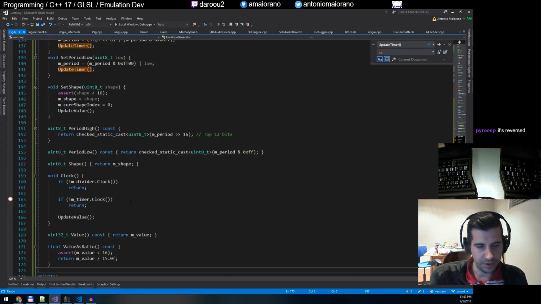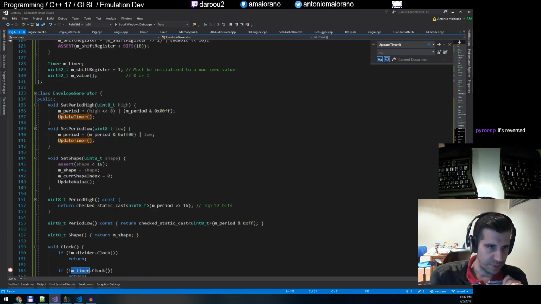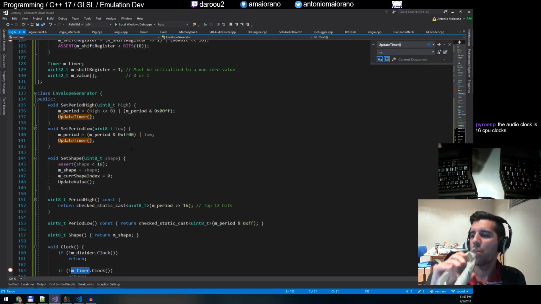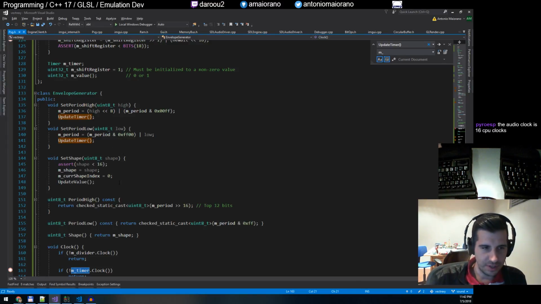When we update the envelope generator, we need to advance based on the period that we've set. Now the period, when we set it internally here, is a 16-bit value. It's reversed. This audio clock is 16 CPU clocks. Exactly. And then we have this further period that you can set. It's a 16-bit value, so from 1 to 65,536.